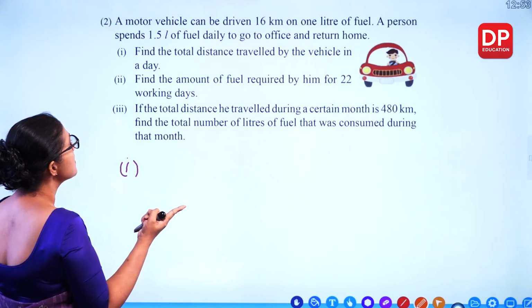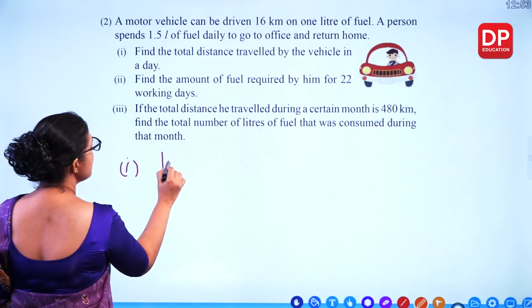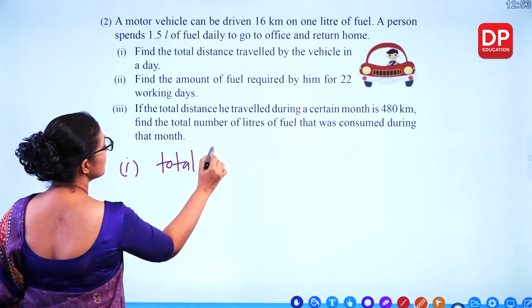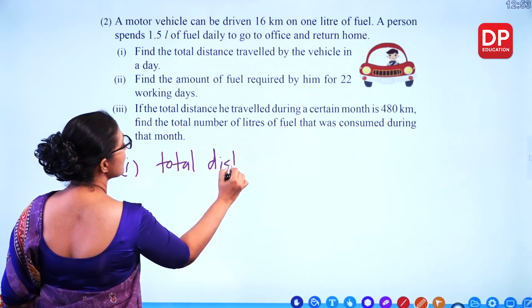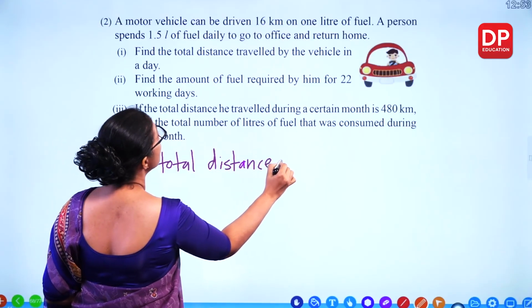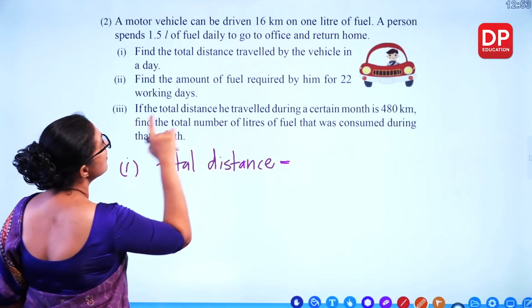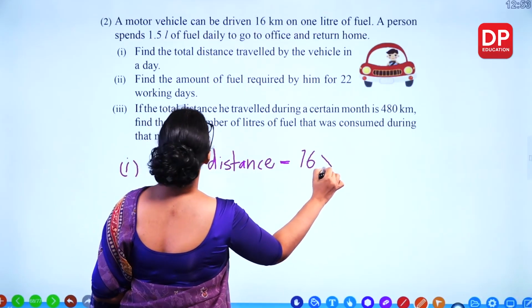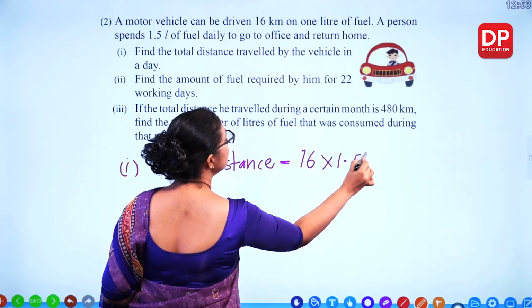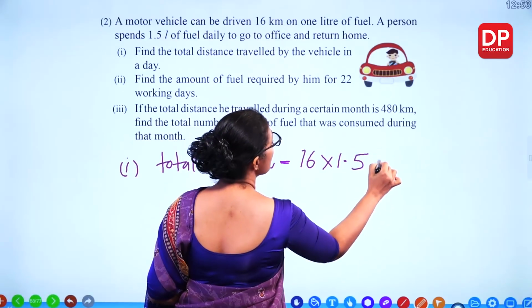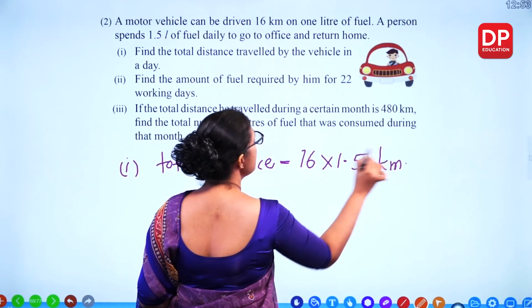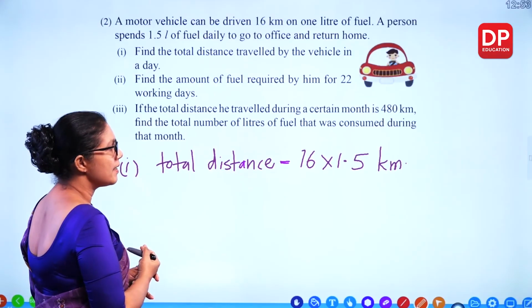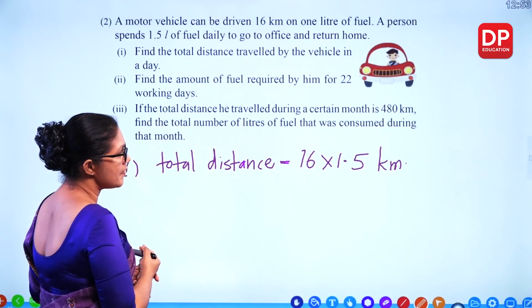So that means total distance is, you multiply by 1.5. 16 into 1.5. This is in kilometers. So multiply without considering the decimal.